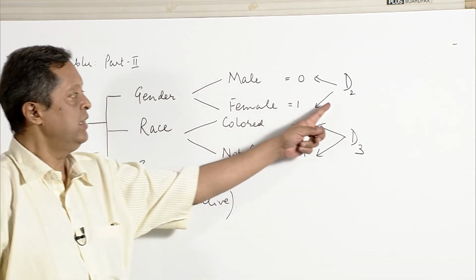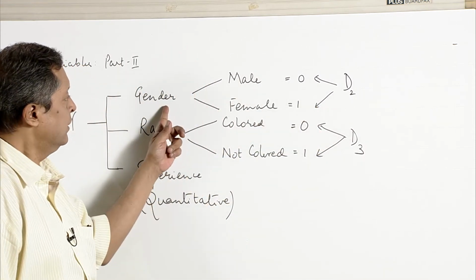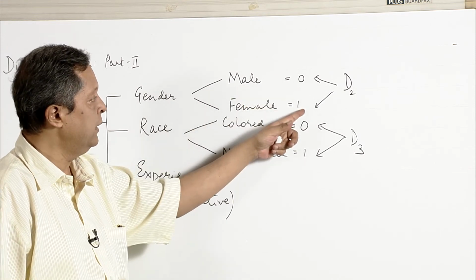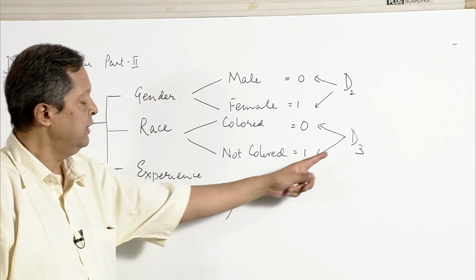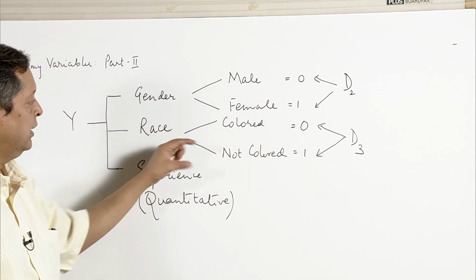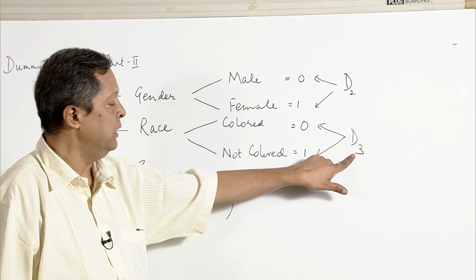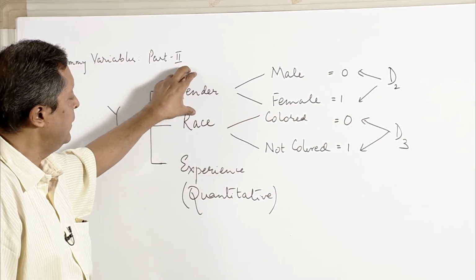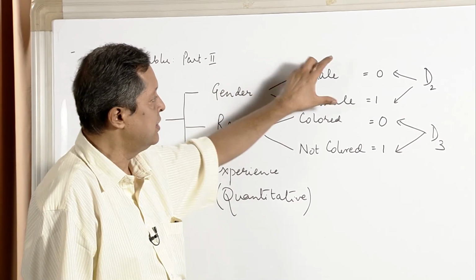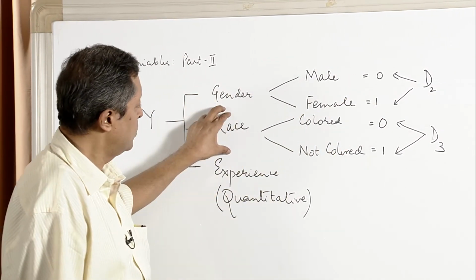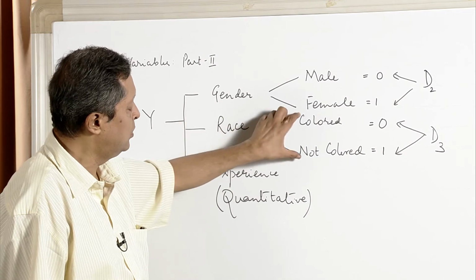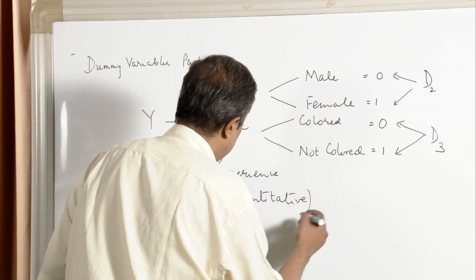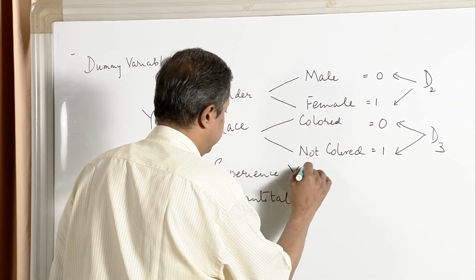So, D2 is the dummy for gender, which will take value 0 if it is a male and 1 if it is a female. Similarly, D3 is the dummy for race. One qualitative variable gender with 2 categories, therefore 1 dummy, another qualitative variable race with 2 categories, therefore 1 dummy, and this will be the variable x.